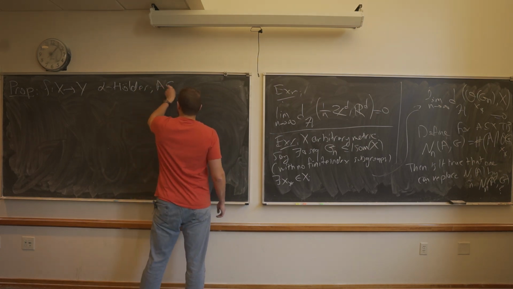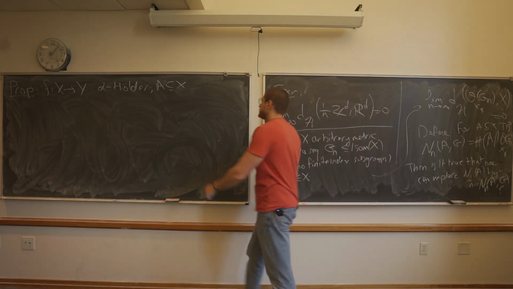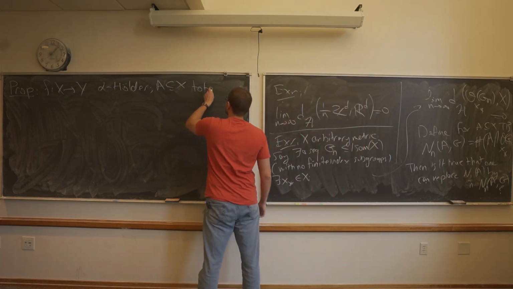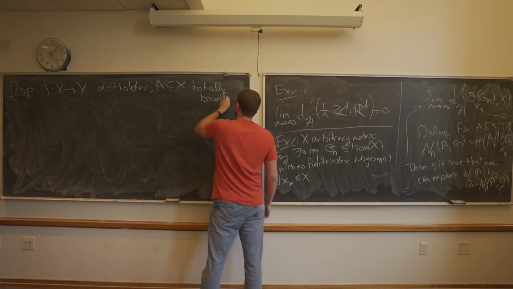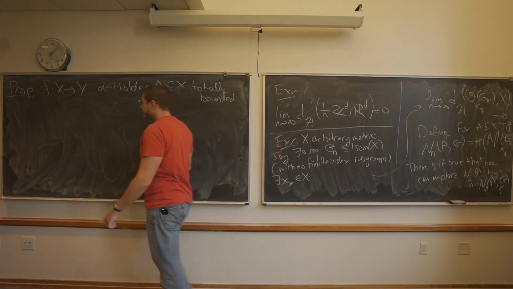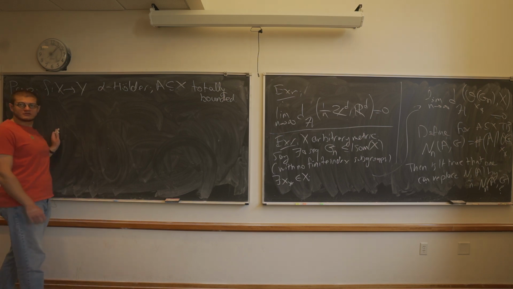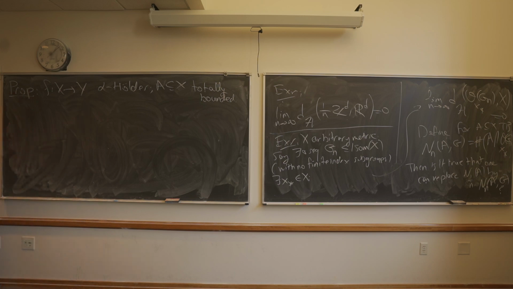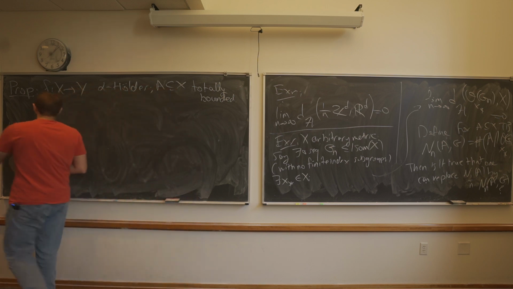And let's say that A is a totally bounded subset of X. I want to relate the upper or lower Minkowski dimension of A and its image. Does any of you remember which way it goes? Okay, let's try. There are only two ways.